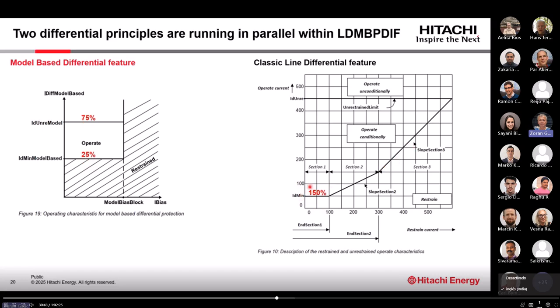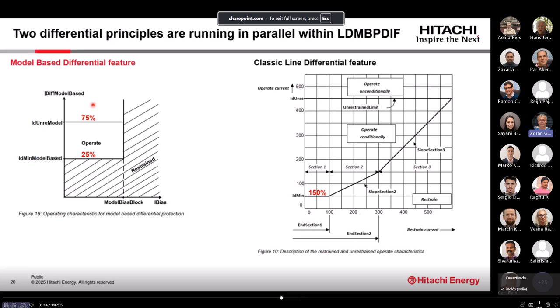One is for the classic one, and remember, the customer was setting this to 150%. Now we introduce this model-based one, which we can set much more sensitive, 25% and a higher level of 75%. For this 25% level, we need a slight time delay, maybe 30, 40 milliseconds, but we are quite sensitive because my phase differential current can be almost 100%, and I'm setting it to 25% of that.